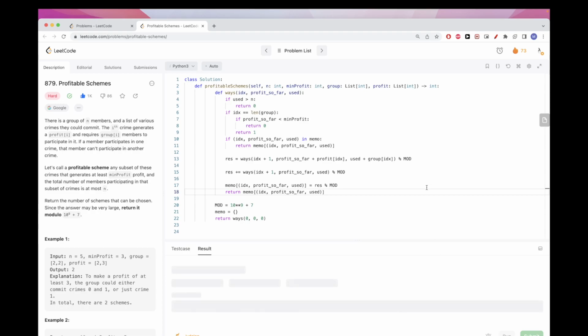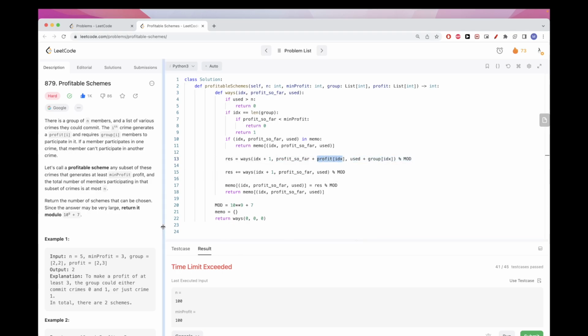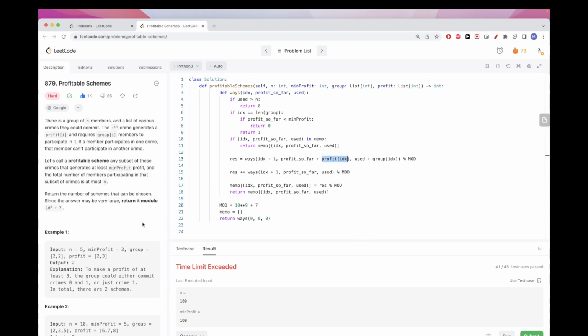Okay, it will probably exceed the time limit. Why? Because profit so far plus profit index increases every time you add a profit. But we don't care about the profit value itself. All we care about is whether it's at least minimum profit.